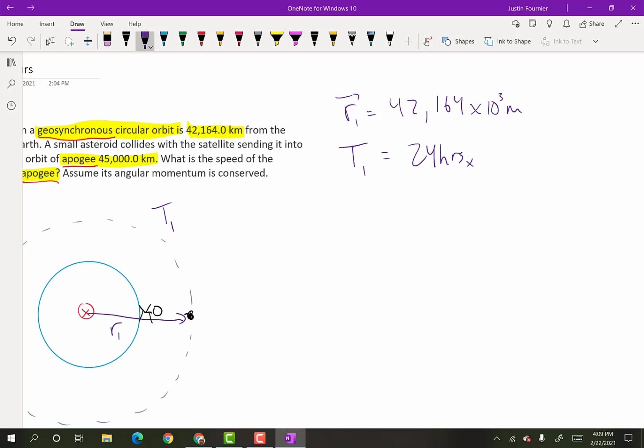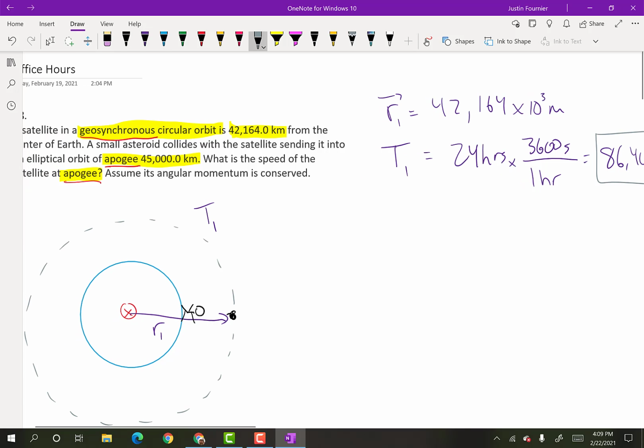We always want to convert that into seconds. One hour is 3,600 seconds, so 24 times 3,600 is 86,400 seconds.